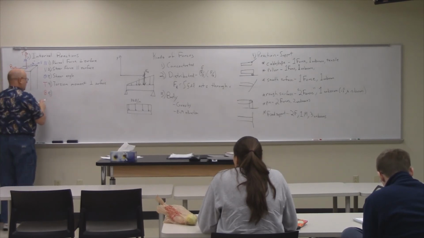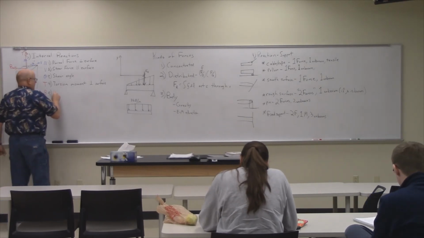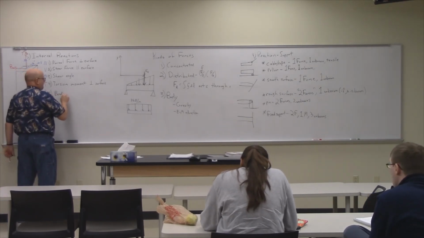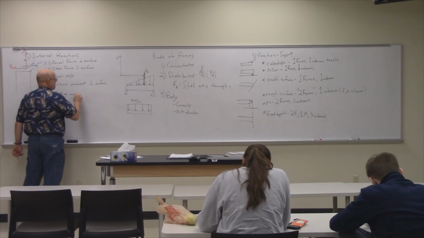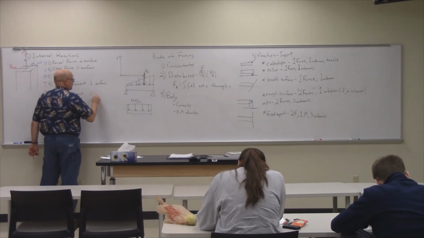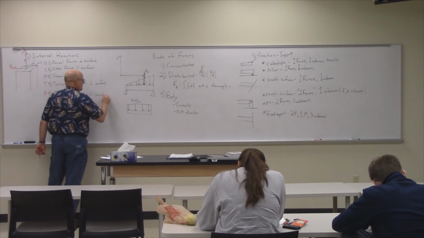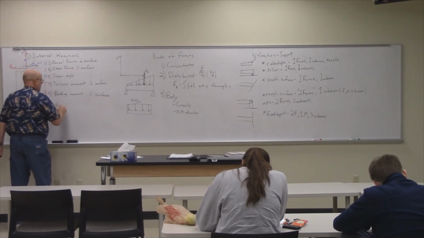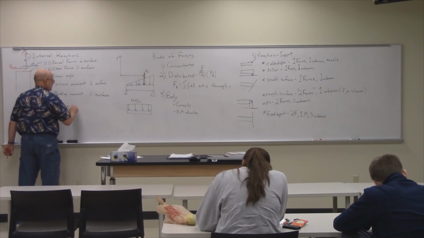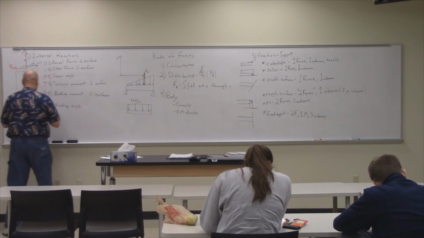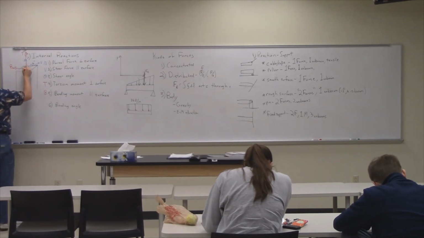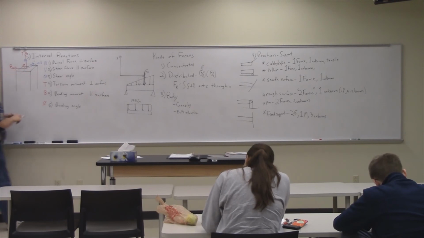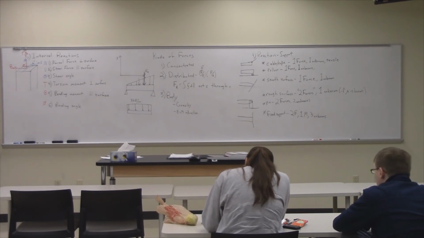So a torsion and a bending moment, parallel to the surface. And then, similarly, there would be a bending angle, which would be the angle relative to whatever that frame of reference is. In this case, I've chosen the x direction.